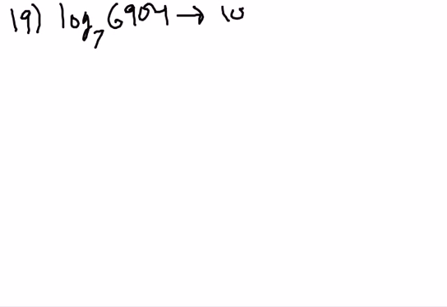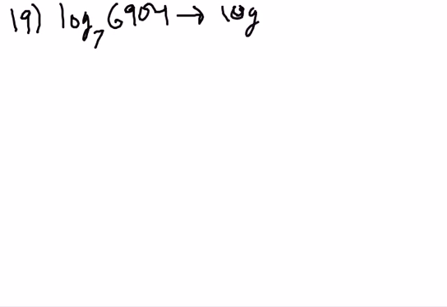Okay, let's continue with number 19. So we have log base 7 of 6,904. If you go onto your graphing calculator, I believe the TI-83 Plus or TI-84, one of those versions, you can actually do this without the change of base formula, but otherwise you can only do base 10 and base e, or the natural logarithm. So I'm going to use the change of base formula here.